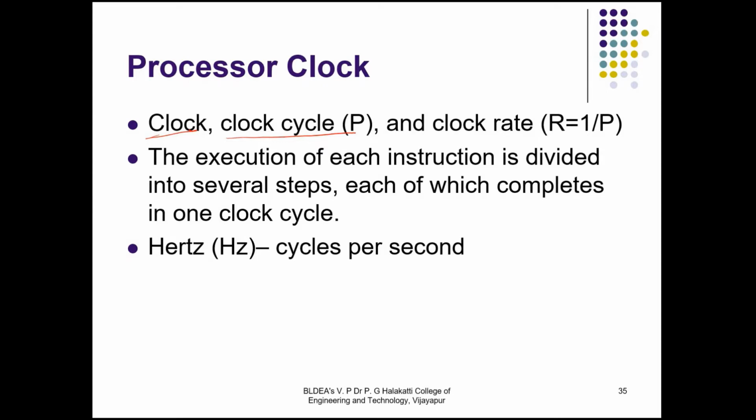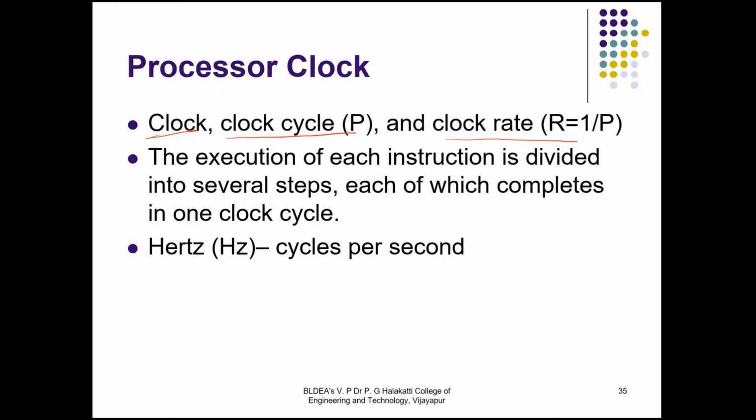The length P of one clock cycle is an important parameter that affects processor performance. Its inverse is the clock rate. So R is equal to 1 by P, which is measured in cycles per second.